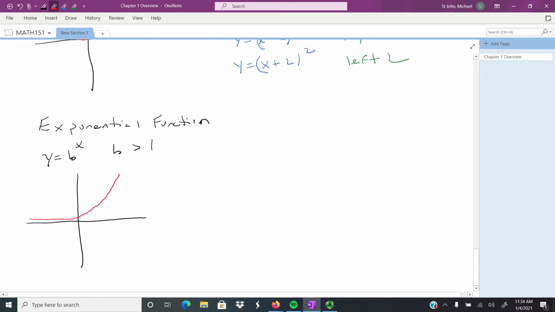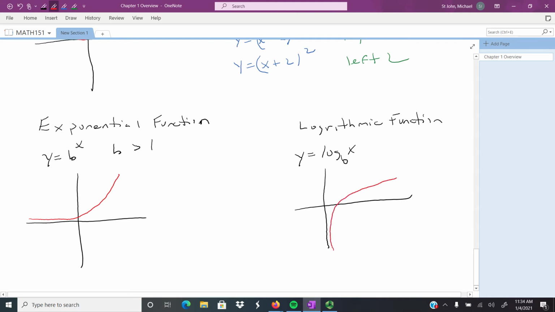And then you had your logarithmic function, y equals log base b of x, and that was this graph that went like this.